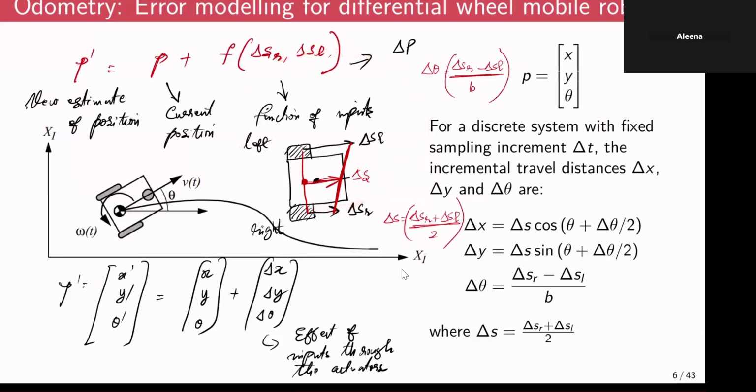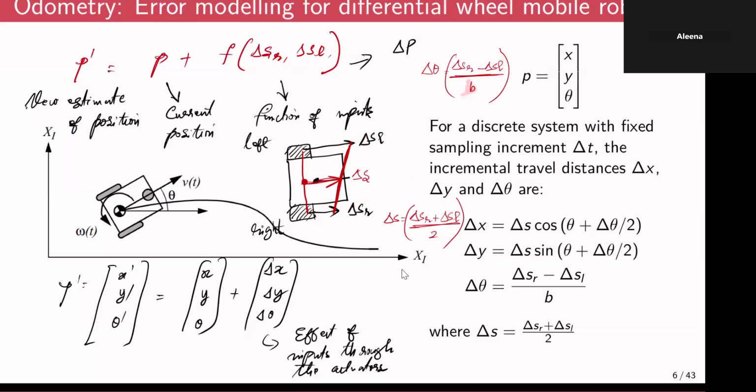We consider counterclockwise rotation to be positive as per our convention. And delta SL would make the robot rotate in the clockwise direction, which by convention is a negative rotation. That's why we have a negative delta SL over here.